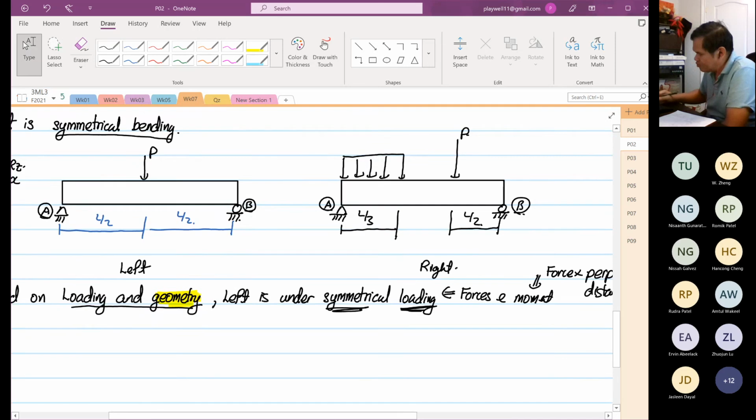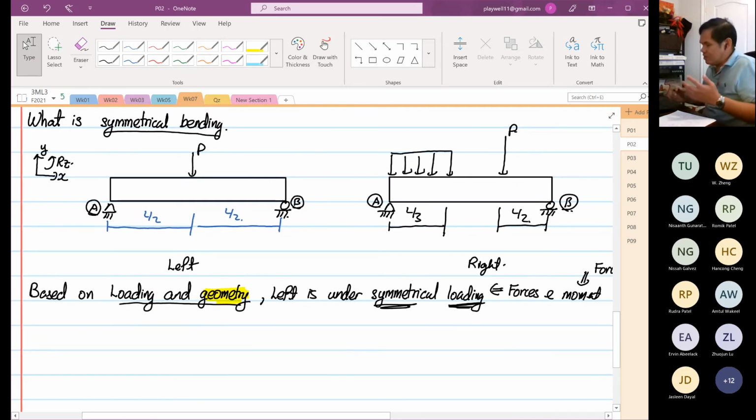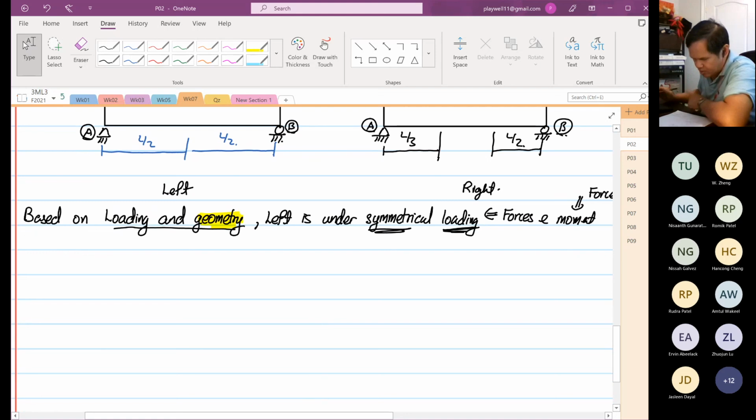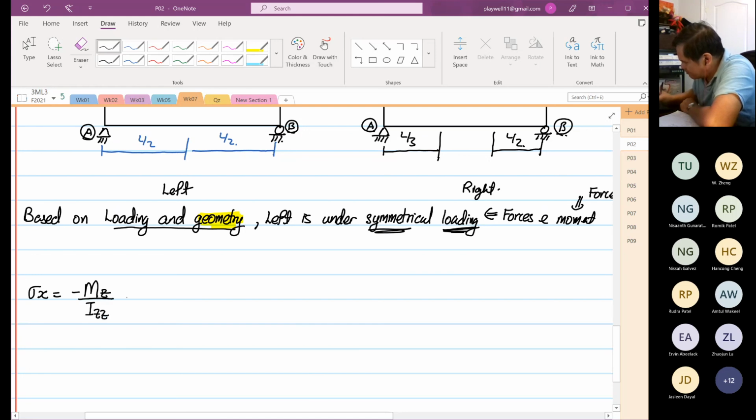Now, to see what is symmetrical, I will tell you that the left and right are both under symmetrical bending. Why is that? Now I'm going to draw the cross-sectional view. I'm going to write out the formula first: stress sigma X is equal to minus Mz over Izz multiplied by y.